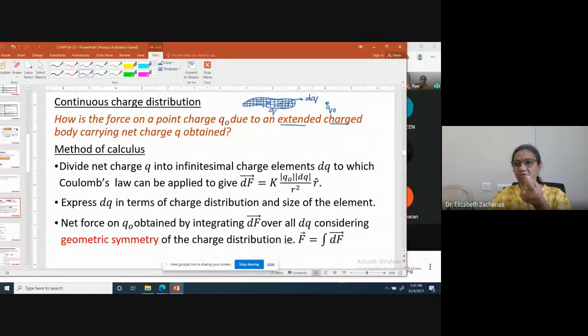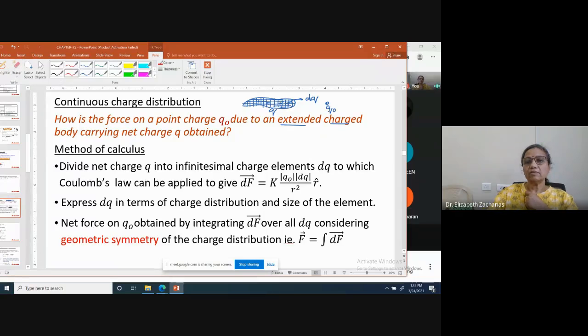When I say d here, I'm talking of a differential element, a small charge dq. And it should be so small that it can be treated as a point charge. Now what you do is find out where is dq with respect to your q naught.